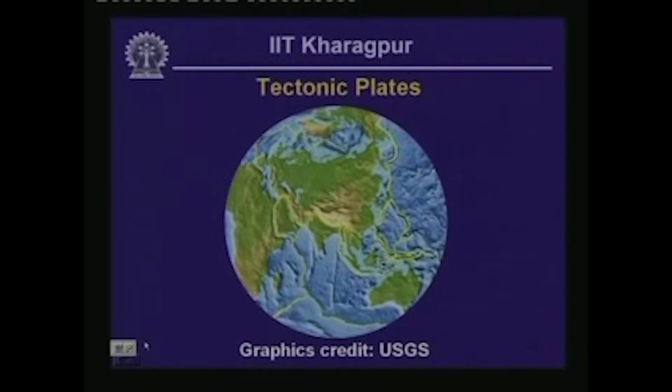Alright, now this particular animation shows you the plate boundaries that are found in different parts of the world, and we begin this animation with India more or less near the center, and what you are seeing near the center and bottom right of this slide is the Indo-Australian plate, which includes the land masses of India, the central part of Indian Ocean and Australia.